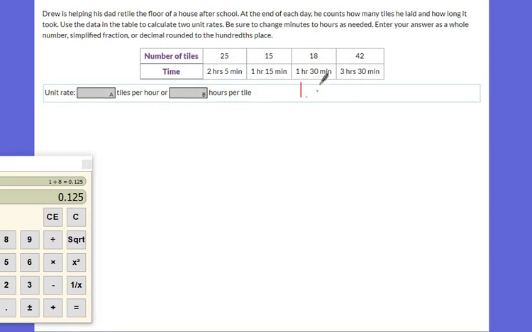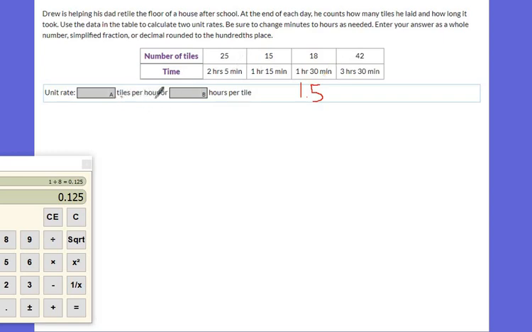I could write this number as 1.5. Why can I write it as 1.5? Because I know 30 minutes is 1/2 of an hour. And that looks better than this long part here. And I want to see how much it takes for 1 hour.